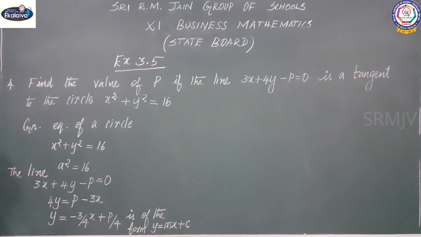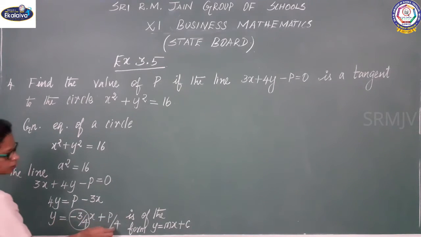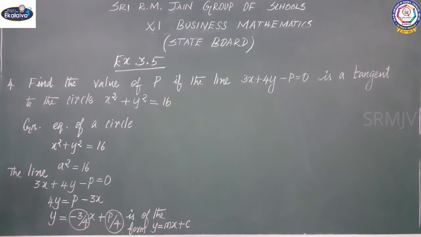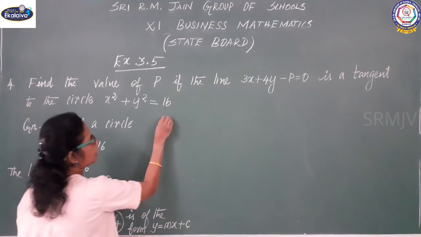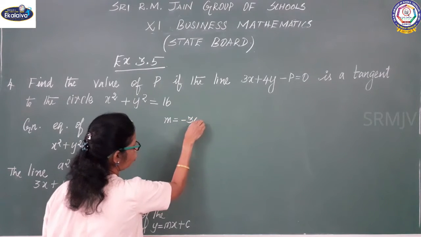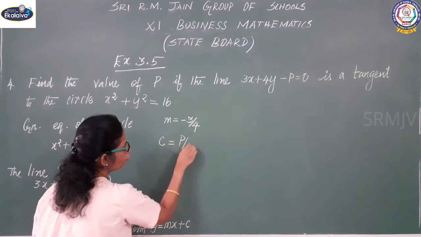Now you have to relate this to the general form. What is your m? Coefficient of x is your m. What is your c? C is the constant. Now m is equal to minus 3 by 4, and c is equal to p by 4.